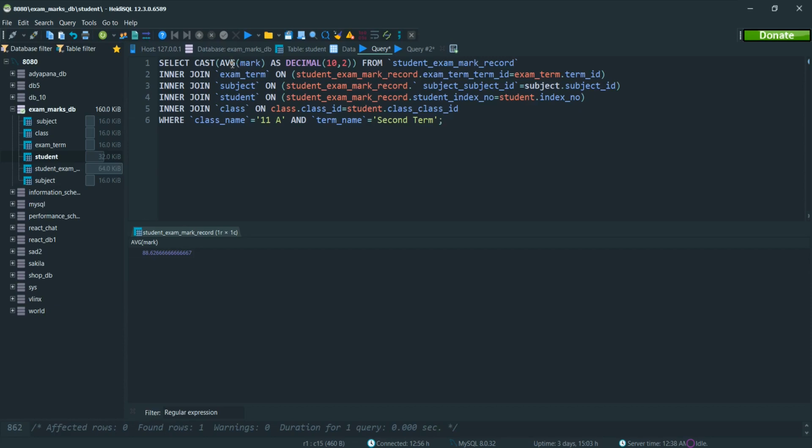AVG represents average and cast represents rounding or casting. So here we have used 4 inner joins as well as conditions. Now let's execute and see the result. The average has been cast down to the second decimal place, which is 76.52.